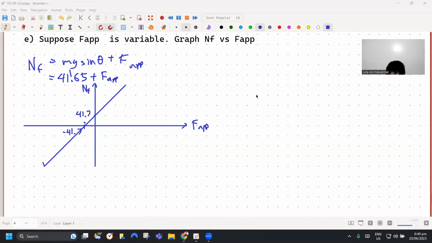If the normal force is negative, the floor must be pulling down.